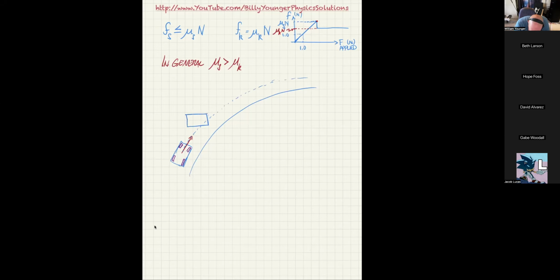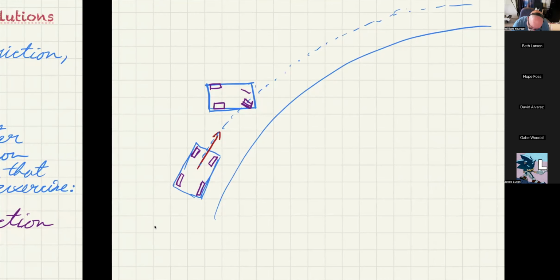The car will begin to slide like this, in which case the back tires, of course, are still parallel to the car, but the front tires, which were turned a little bit this way, just to show they were trying to turn to the right, and I drew that a little more turned than I really meant to, but I was just doing it to make sure you could see that they were turned to some extent.